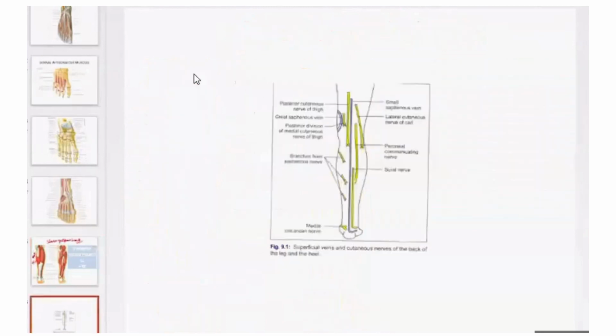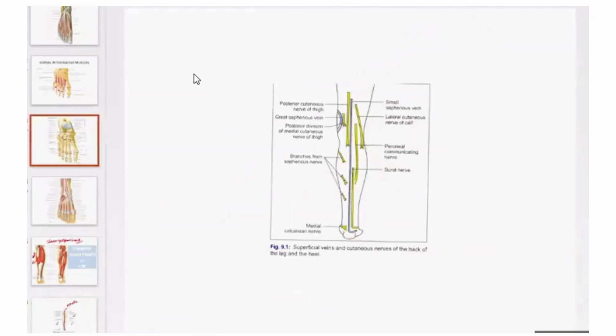Now on the superficial posterior compartment, what is the vein running above? Short saphenous vein, which drains into the popliteal vein, and the cutaneous nerves are the sural nerve, saphenous nerve, and lateral cutaneous nerve of calf. These are the cutaneous nerves on the posterior compartment of the leg.